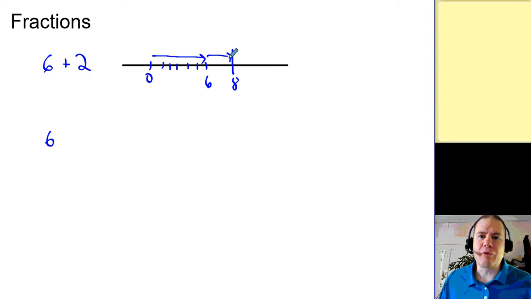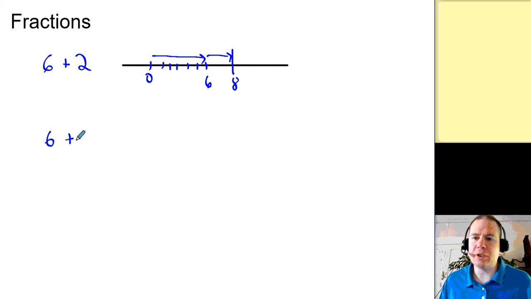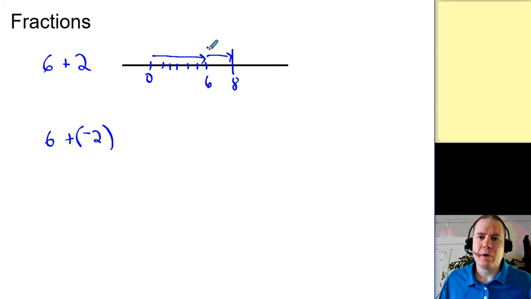If instead of going right, I want to go to the left, we know how to do that now. I actually have two options. I can continue to use addition, where that 2 goes to the left instead of the right, or I can use this new operation, subtraction, using the number that I'm used to.